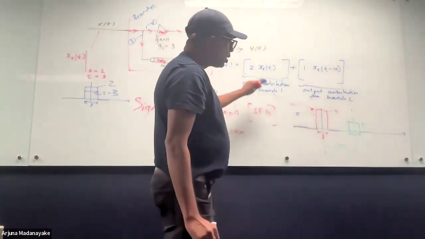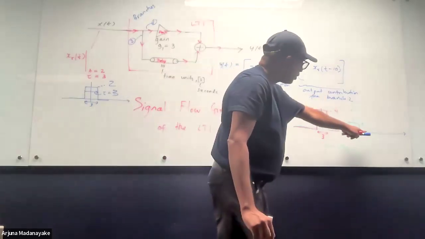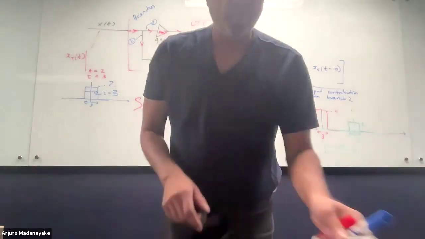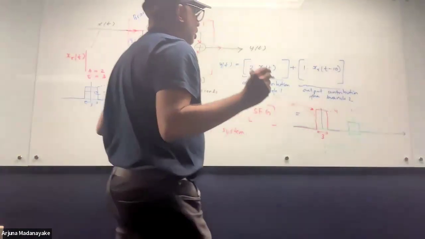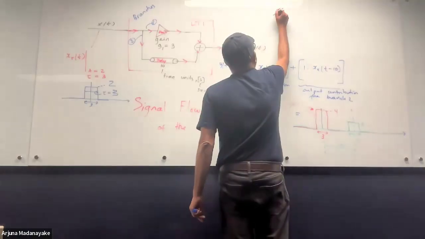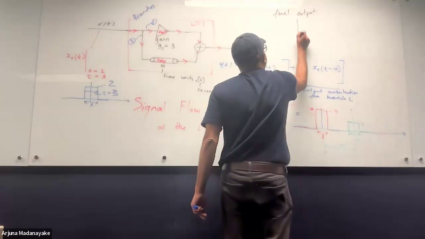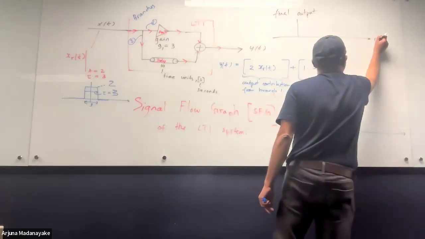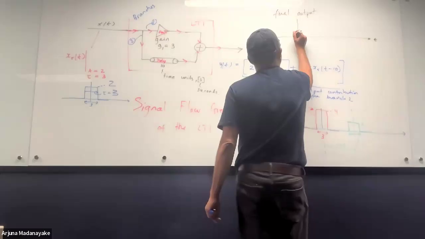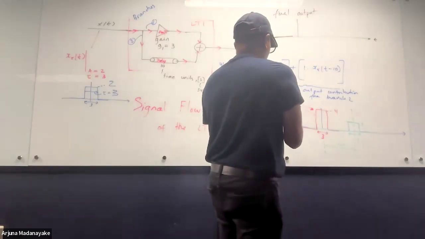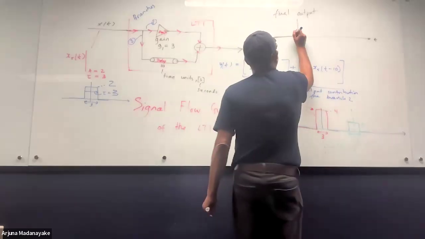So the final output is the combination of the red part of the waveform and the green part of the waveform, right? So let me draw it in blue in a different graph. So final output. The key point is this is going to jump to 4.